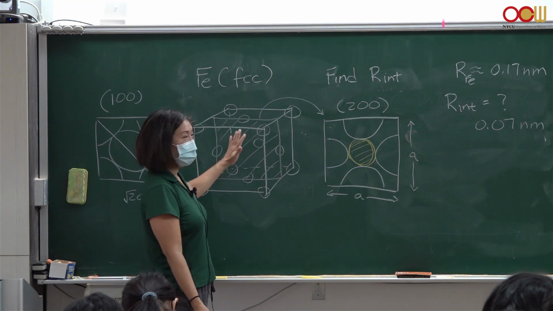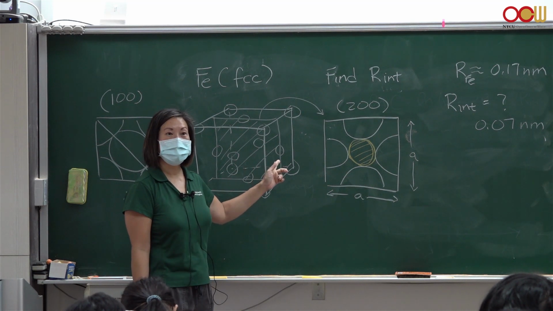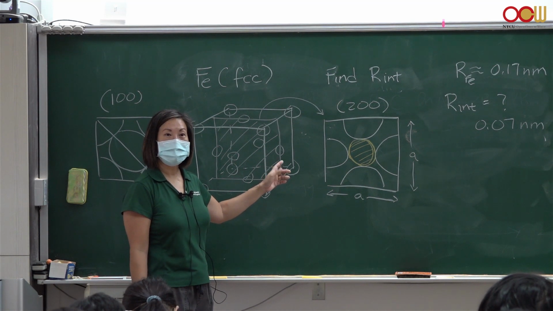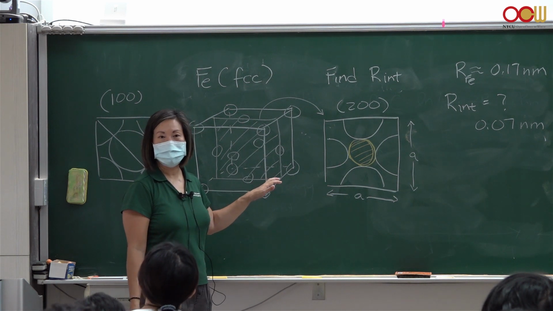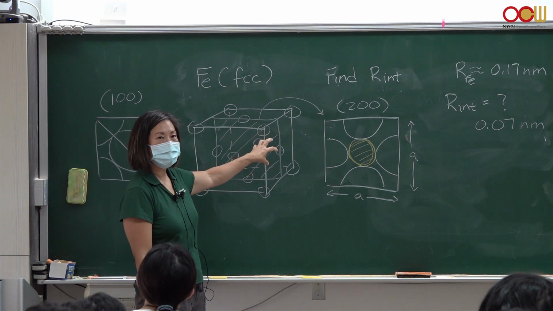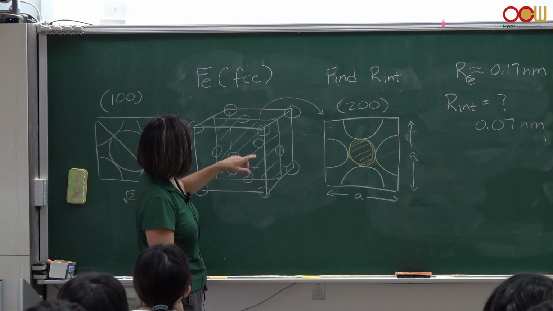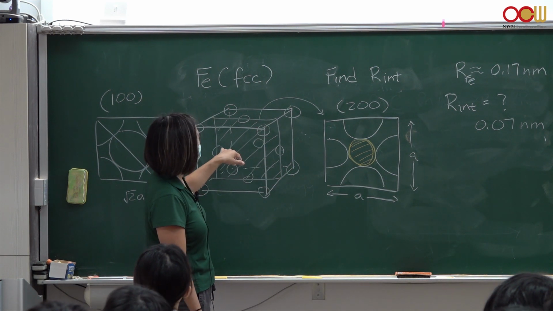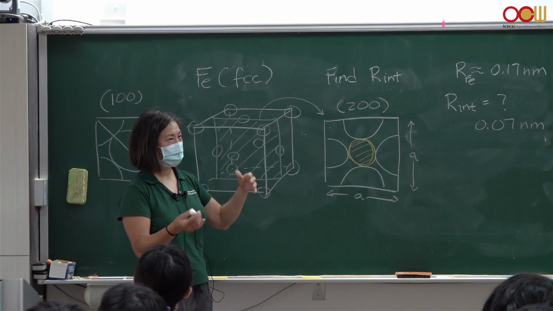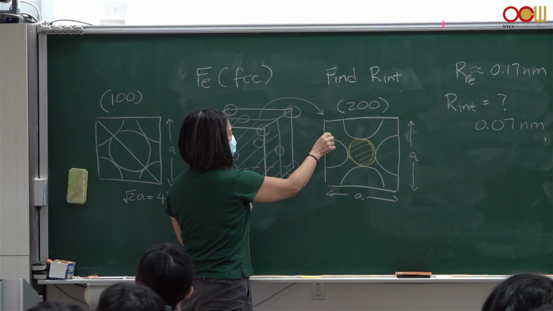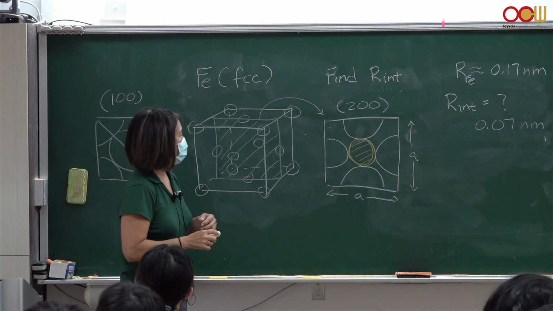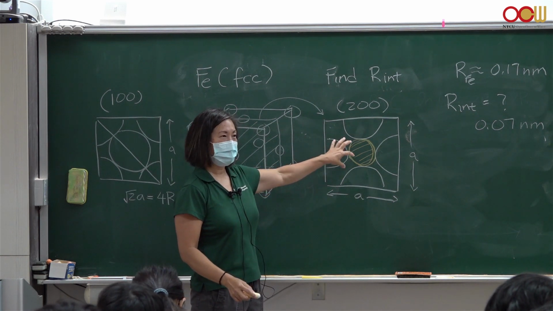So in the FCC, there is only one interstitial site inside each unit cell, right? Just in the middle of the body center. You might have other places like these corners, but they're going to be much smaller. You could calculate them if you want, something that can sit in here. But you have one big empty site in the middle.